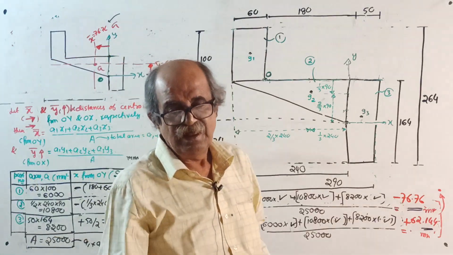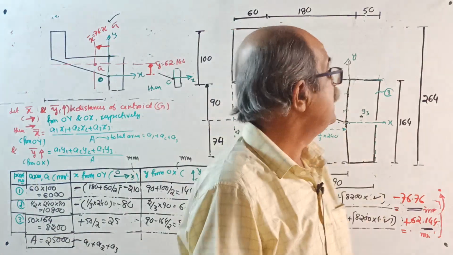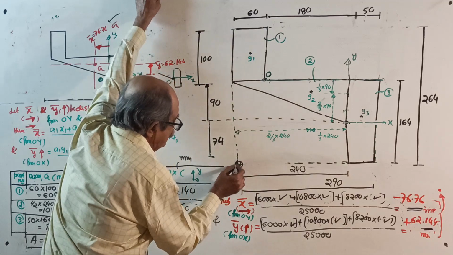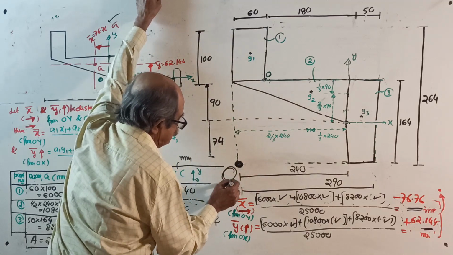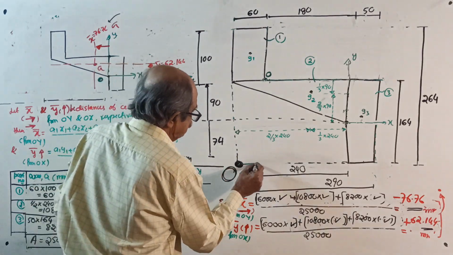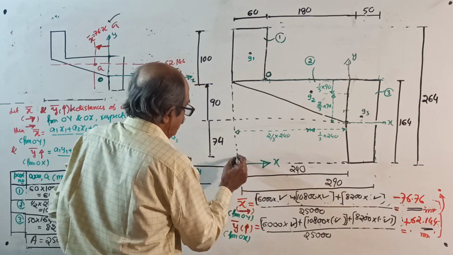Okay, the last two options, make a note here. The best option number one is this is O, X this side, Y this way.